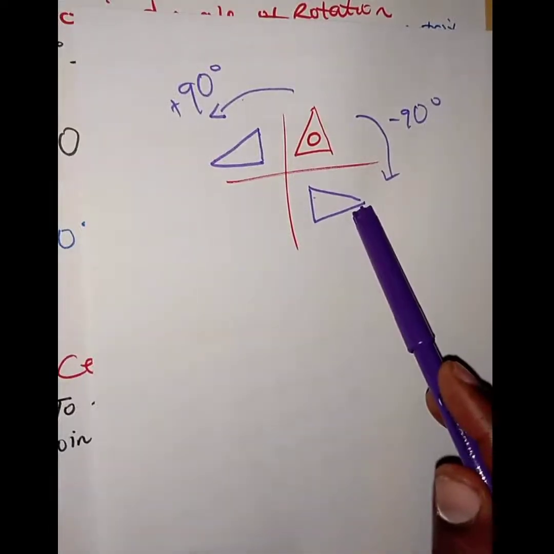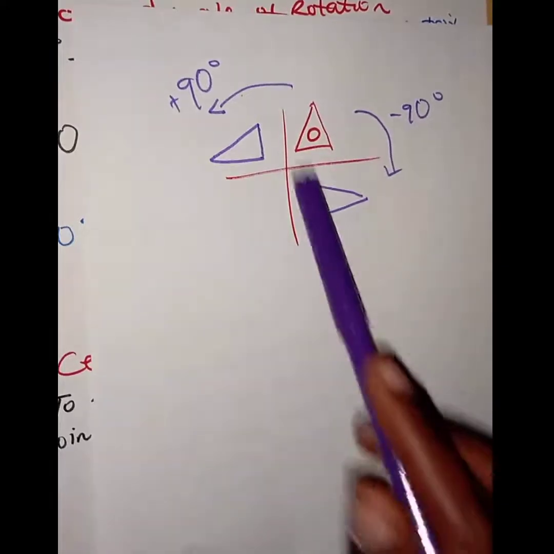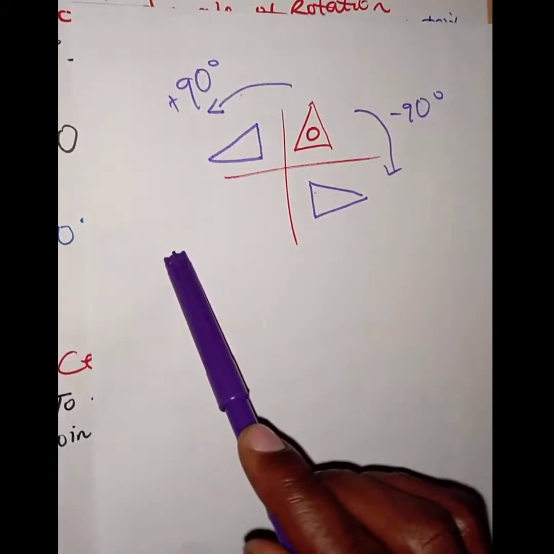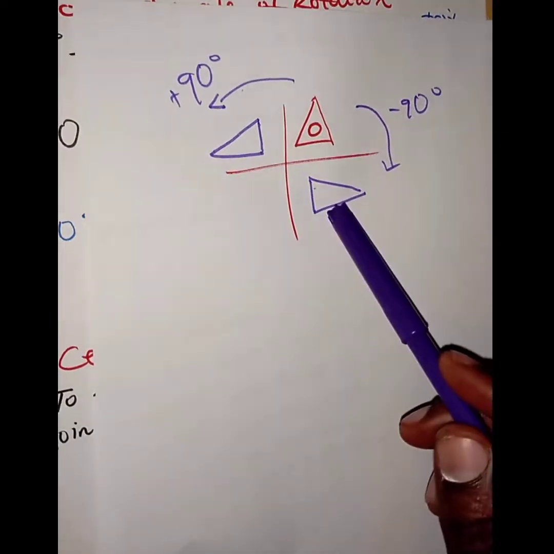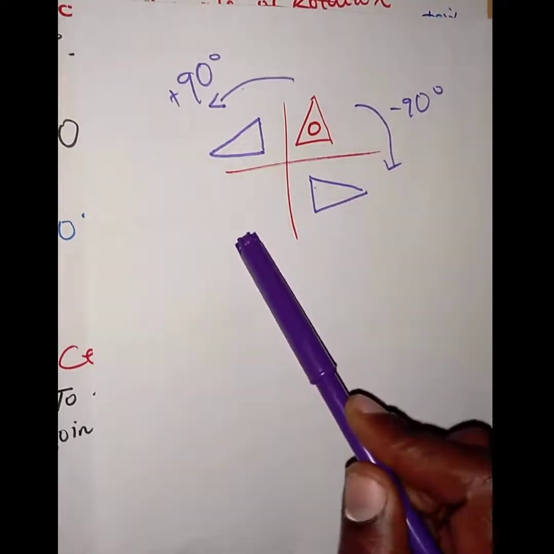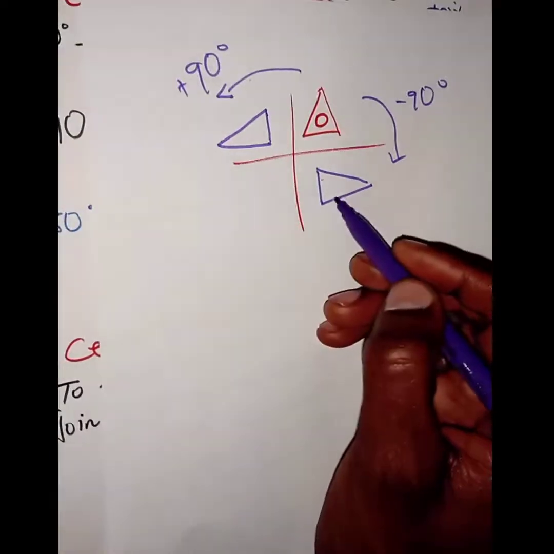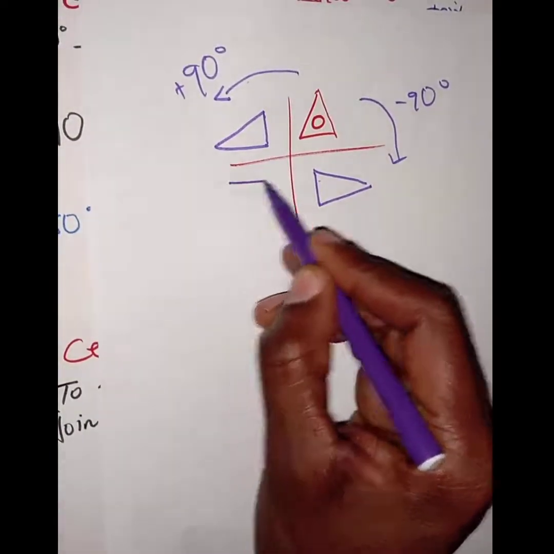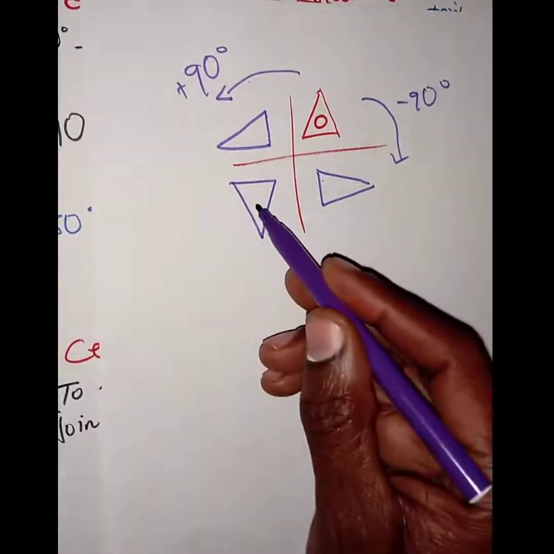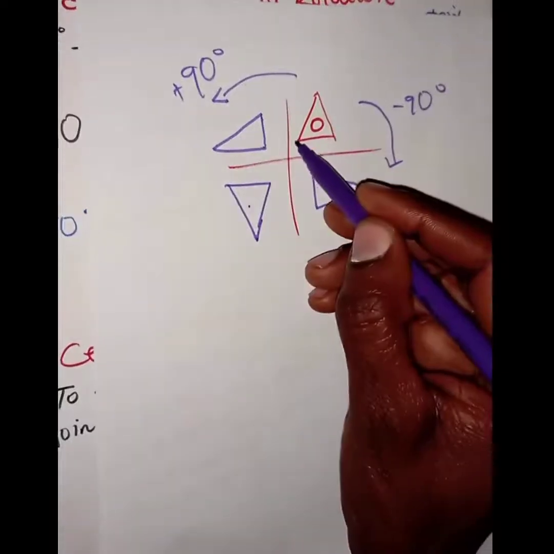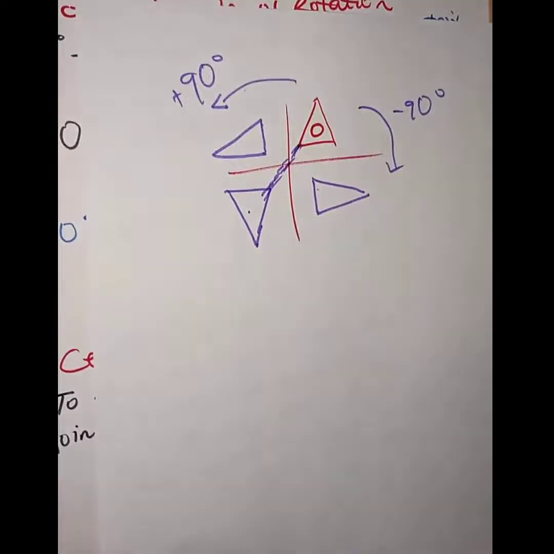It can be 180 degrees in a clockwise direction or anti-clockwise direction. So if this object moved 90 degrees, what about 180? It means it has to come in a straight line with the object. From here, if it moves, it can look like this. As you can see, it forms a straight line, which is the 180 degrees rotation.